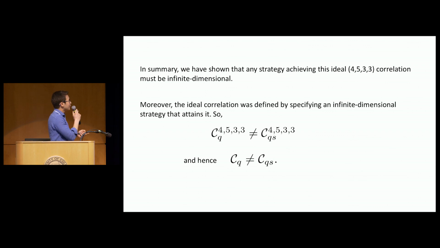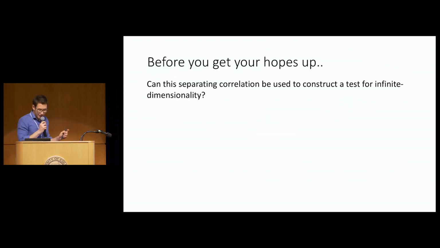Now, before you get your hopes up, can we use this separating correlation to construct a test for infinite dimensionality? Suppose that you have a device at home and it's a box, and you want to know whether inside the box there is actually an infinite dimensional state or it's just finite dimensional.